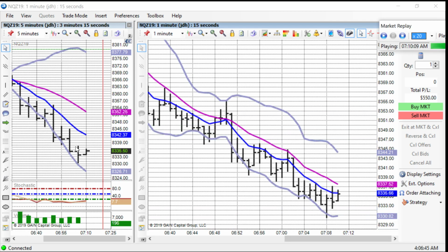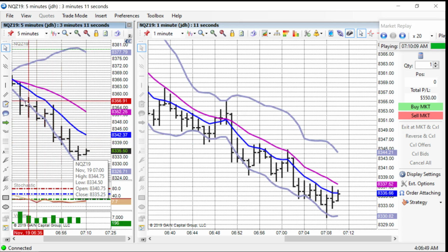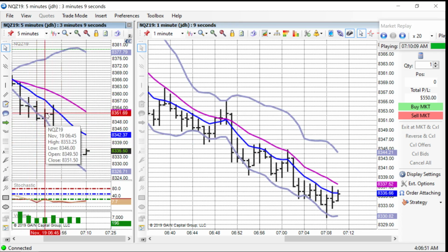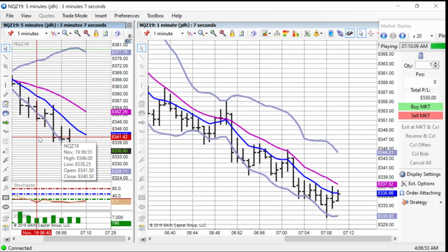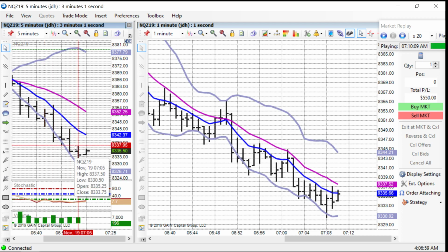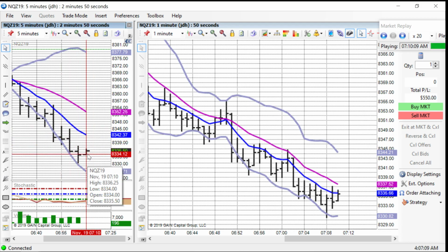So again, if I were to see a break above this, see how I'm always aware where the highs of this previous 5-minute bar are getting to be a long ways away from that ADMA line.